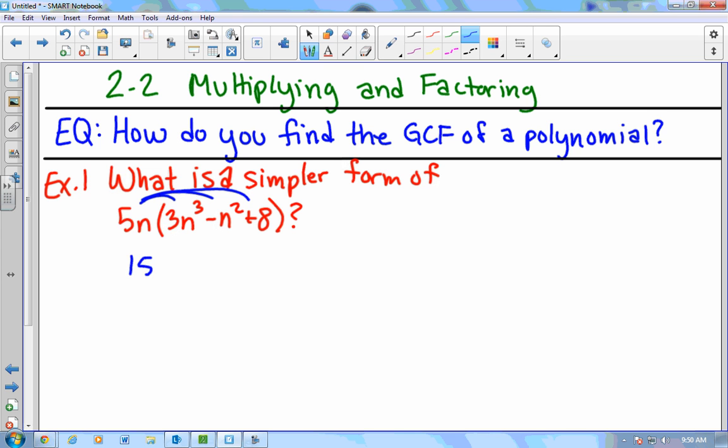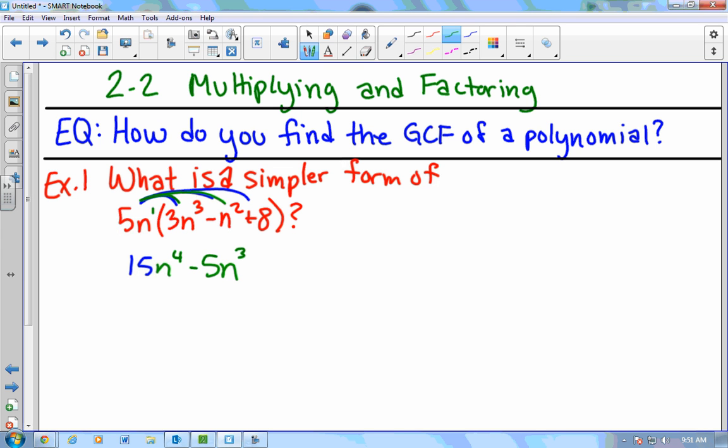Okay, so 5n times 3n is 15, well, n times n cubed would make it n to the 1 plus 3 would be 4, yep. And then we do 5n times n squared. Out of their exponents, there's one n here and there's two n's there.